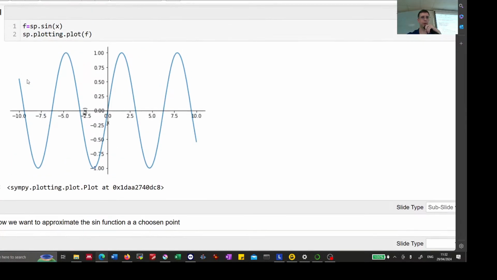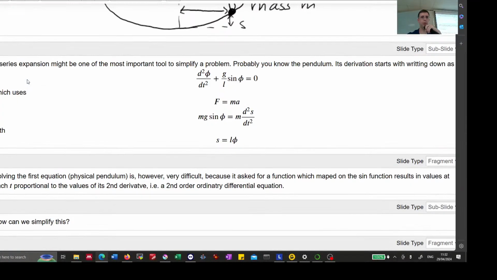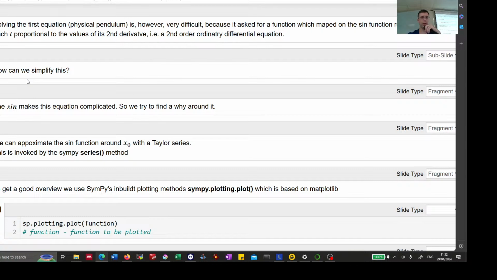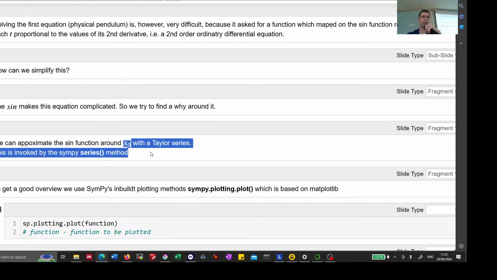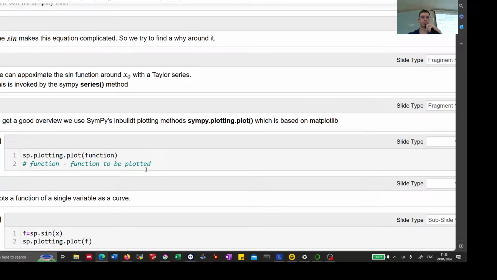So let's see. And then we want to do the same thing, but we want to use Python to actually help us with the Taylor series expansion. How do we get Taylor? Well, we use the so-called series method. For the series development, we can specify the point of interest, we can define how many terms we want to have, and so on.